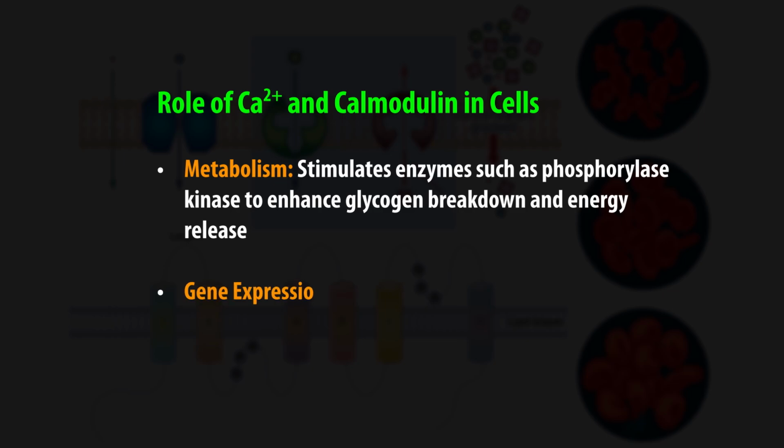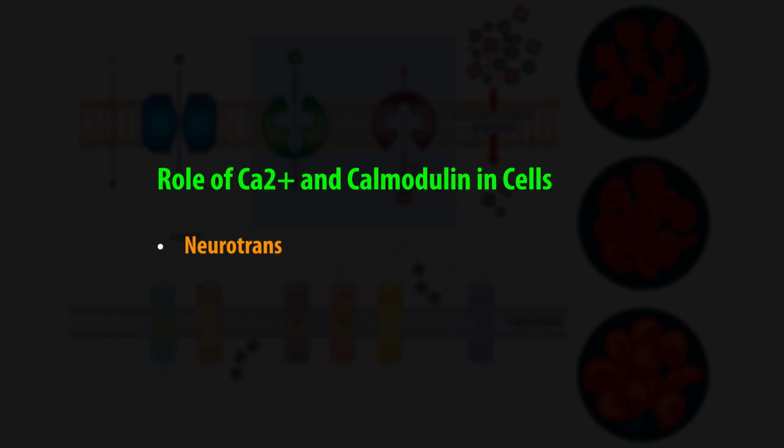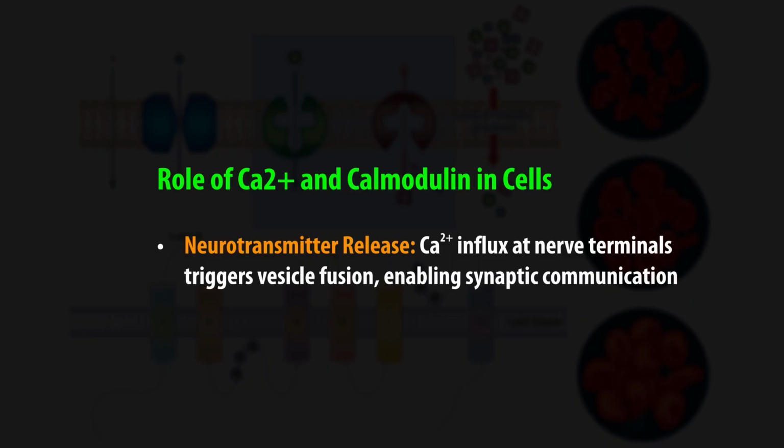It also helps in gene expression, where it regulates transcription factors like CREB, influencing long-term cellular adaptation. It also helps in neurotransmitter release, where calcium influx at the nerve terminal triggers vesicle fusion, enabling synaptic communication.